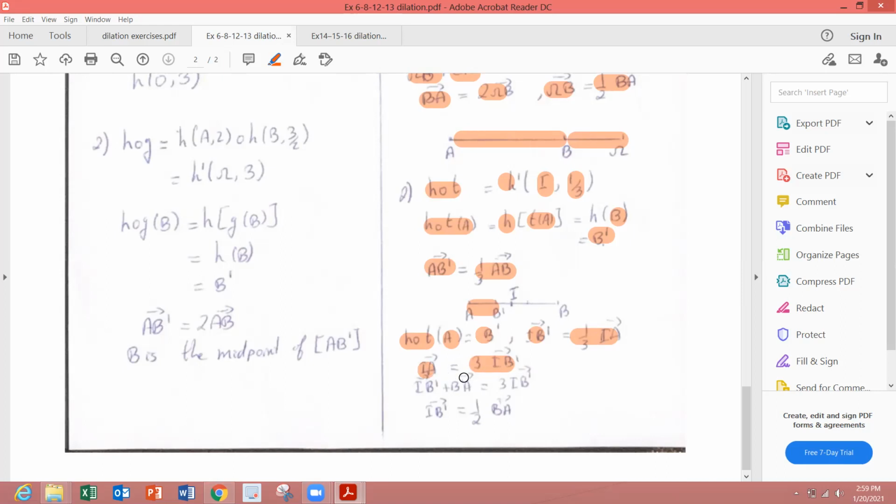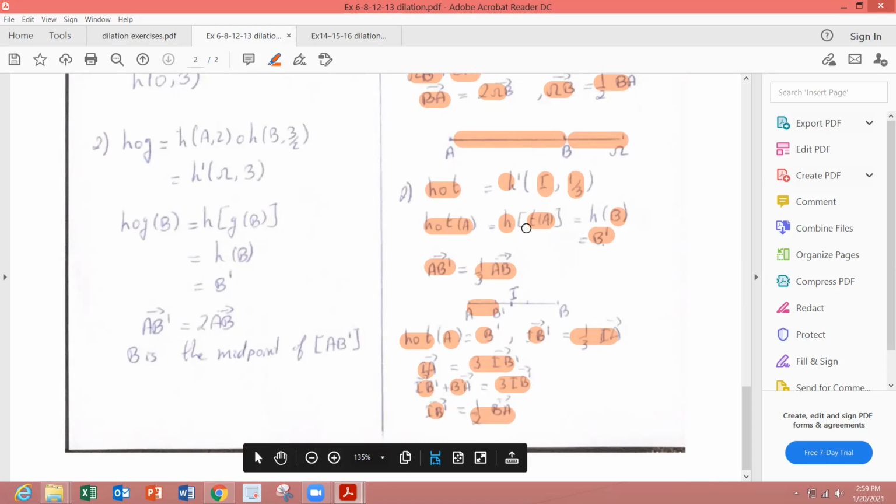Then I put B prime here: IB prime plus B prime A equals 3 IB prime. It means that IB prime equals half B prime A. Pay attention, IB prime has the same sense as B prime A.